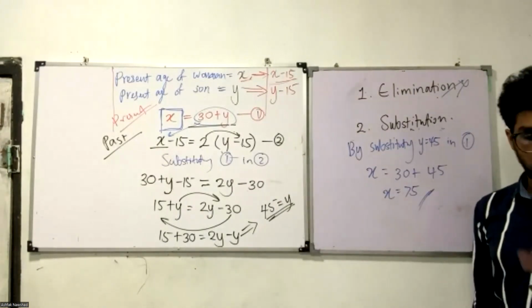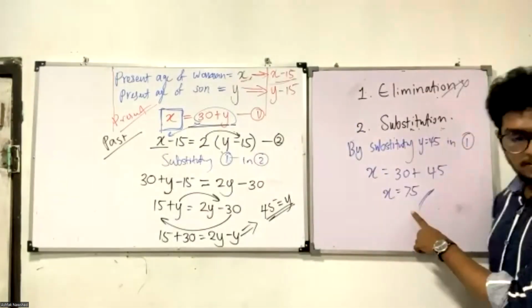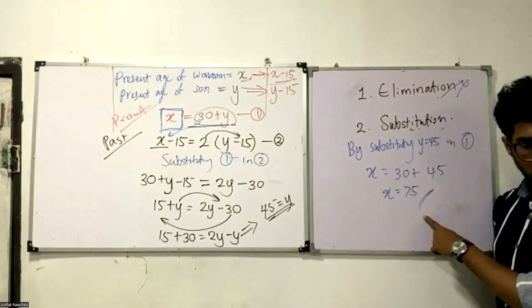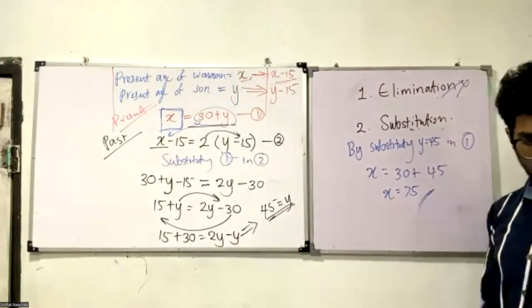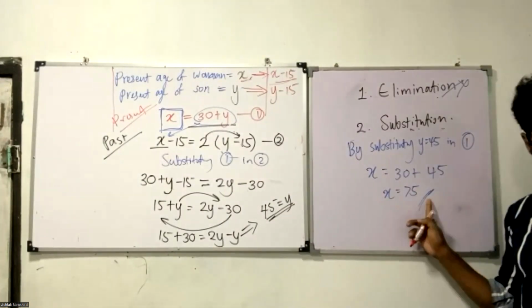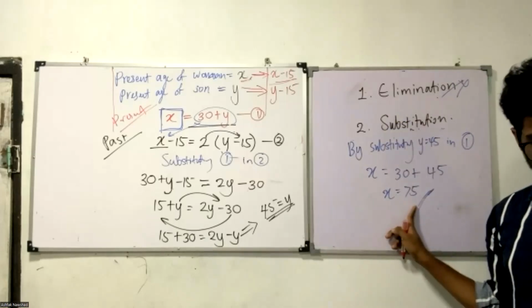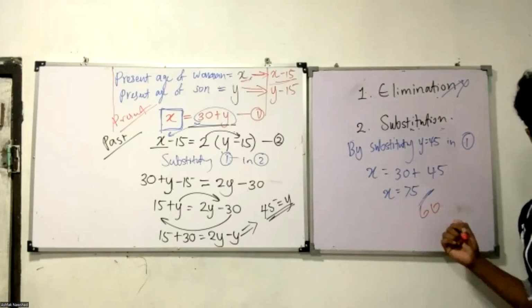You can check if the statement is correct. See, if the woman is 75, 15 years ago, how old was she? 75 minus 15 is 60 years old. 15 years ago.